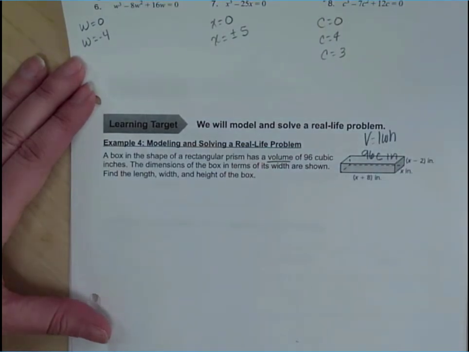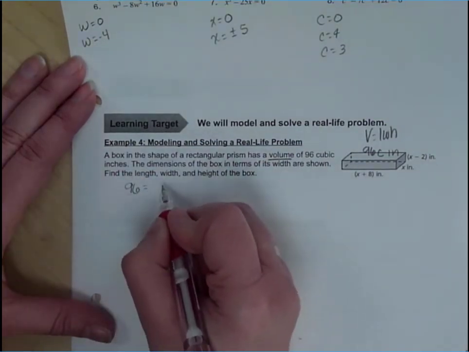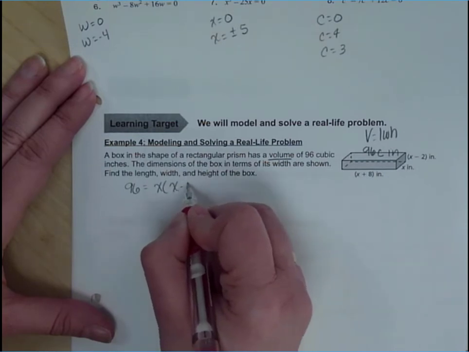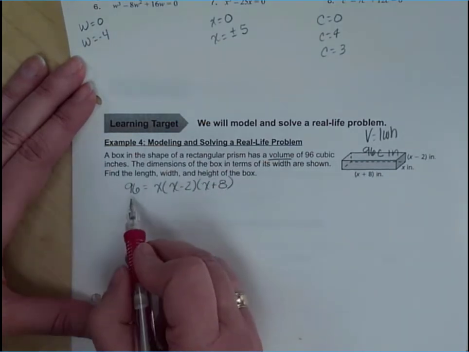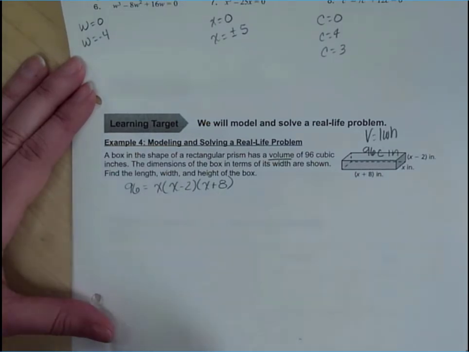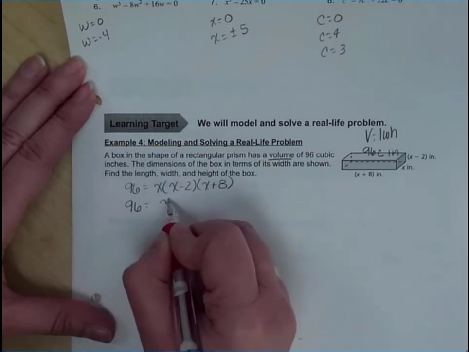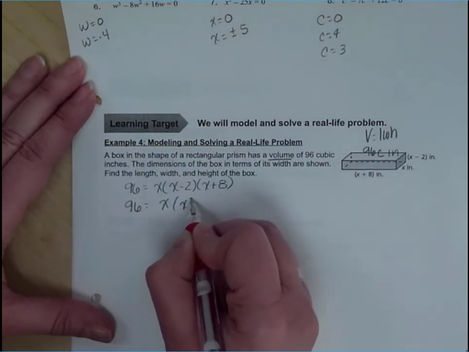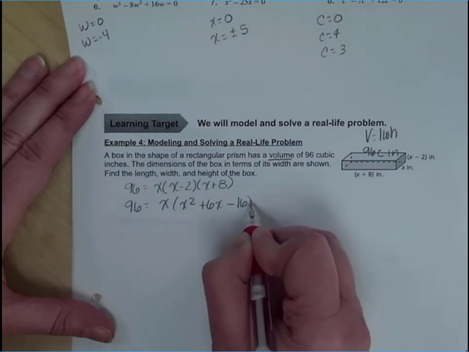So that means we have 96 equals x times x minus 2 times x plus 8, because volume equals length times width times height. So 96 equals x times x squared plus 6x minus 16.